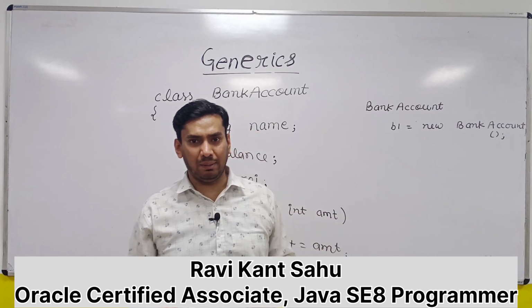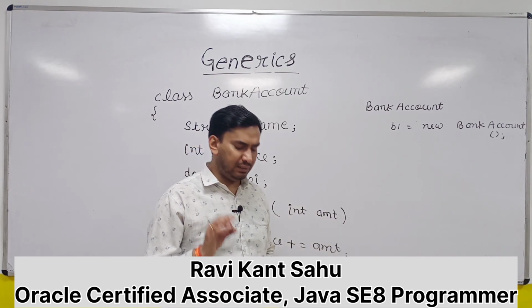The 6 will be concatenated with hello. Yes or no? So it is an unsafe operation, and here you will not come to know if something wrong has happened with your program. That's why the generics concept was introduced in JDK 5.